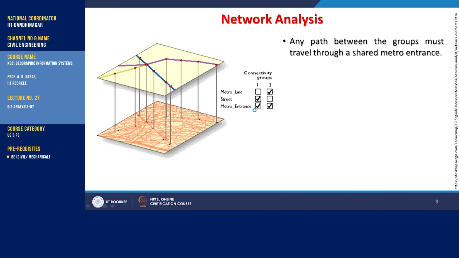Now, any path between the groups must travel through a shared metro entrance. That means if there is another group, then again it has to be connected, and only then will it work.